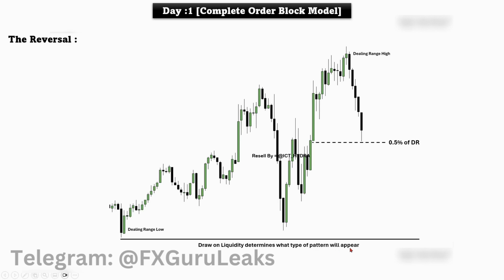If the pattern is gonna be a reversal pattern or a trend continuation pattern, it totally depends 100% on where the DOL is. If the DOL is towards sell side, then the pattern will appear as a reversal, right? How do you know that price will deliver below sell side?